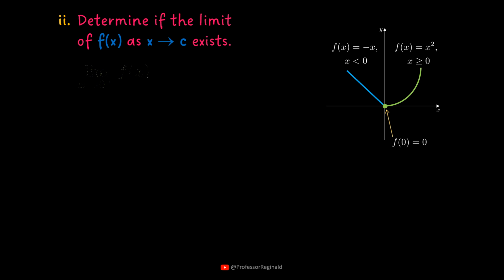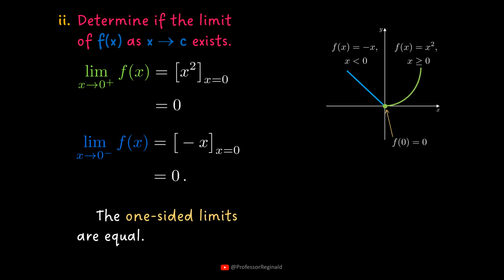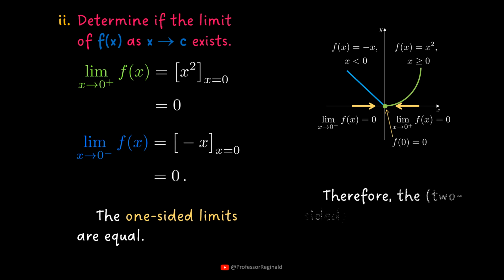Compute the right-hand and left-hand limits. The one-sided limits are equal. Please refer to the figure. The limit of f of x, as x approaches 0, exists, because the one-sided limits are the same. Therefore, the two-sided limit exists, and it is also equal to 0.